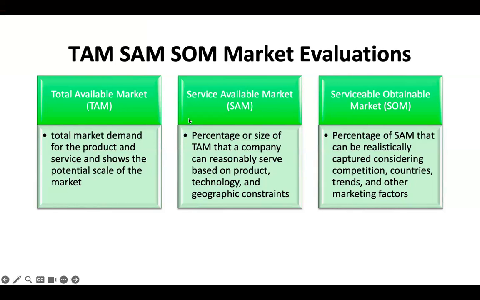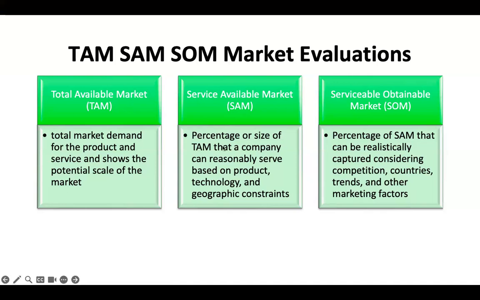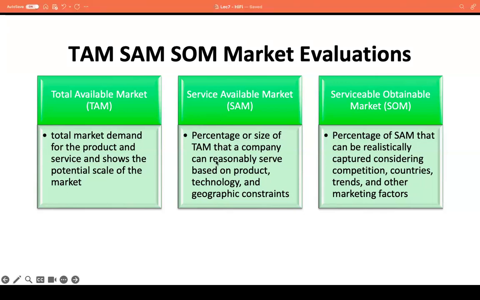to entry. SAM, on the other hand, stands for serviceable available market, and it is just a subset or a percentage of TAM or the total market demand. Okay, so again, it is just a percentage of TAM that a company can reasonably serve based on its product, technology, and geographical constraints.